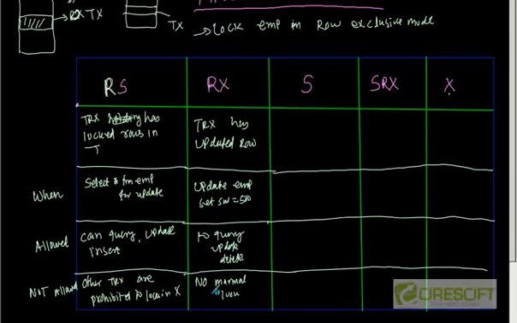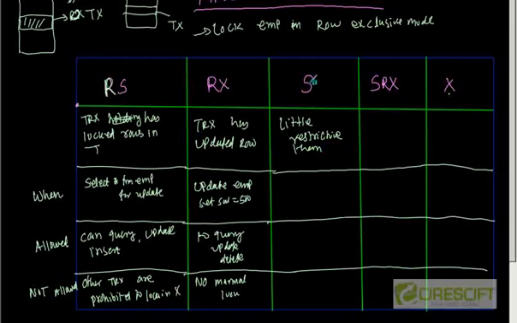So whenever transaction 1 is acquiring an RX lock, other transactions should not acquire any other manual locks. And shared locks are a little more restrictive than the RS and RX locks.